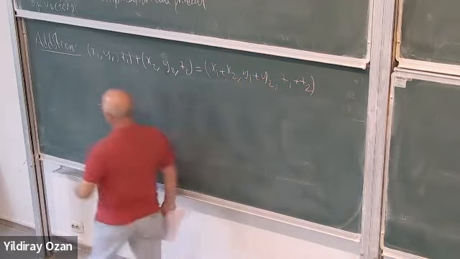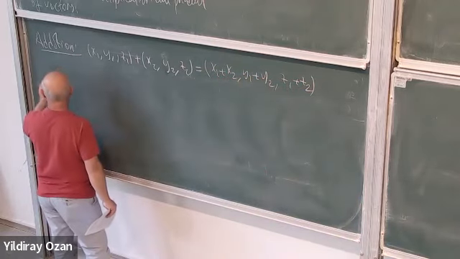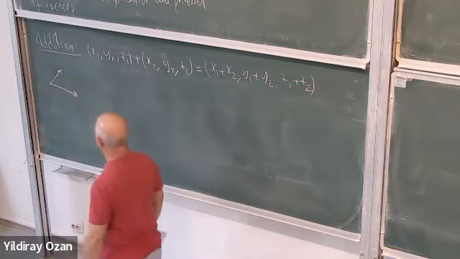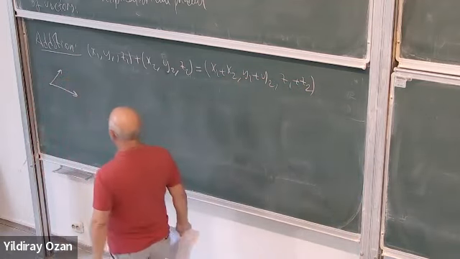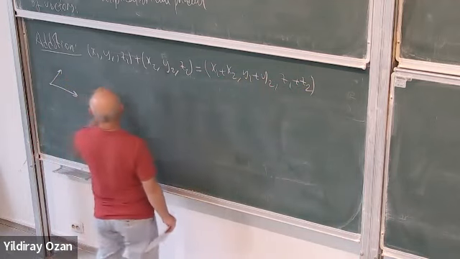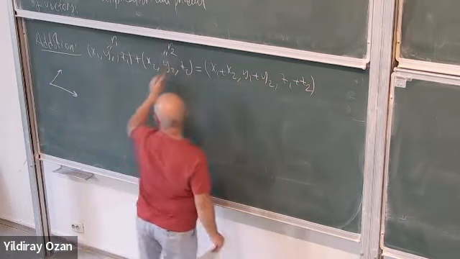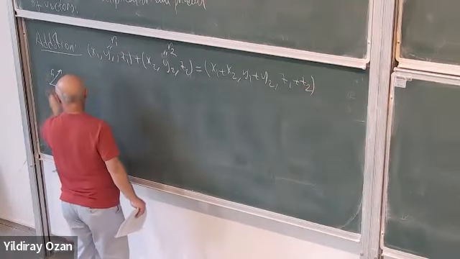And geometrically, this corresponds to something like this. If you have, let's say, these two vectors, this is R1 and this is the vector R2.